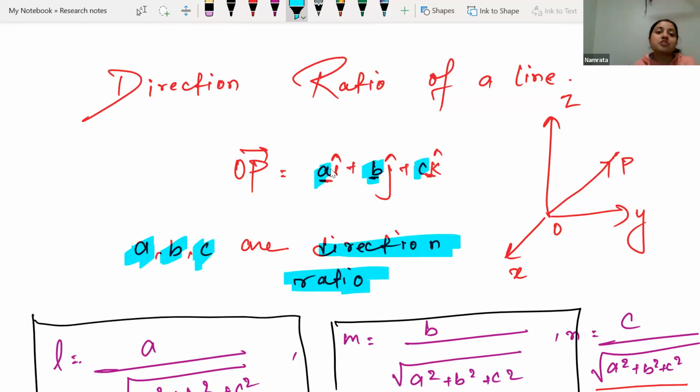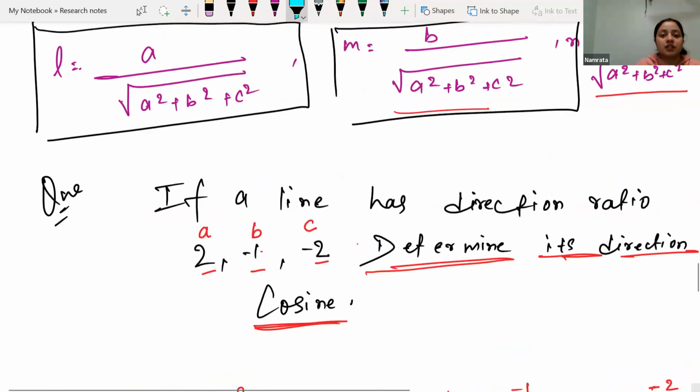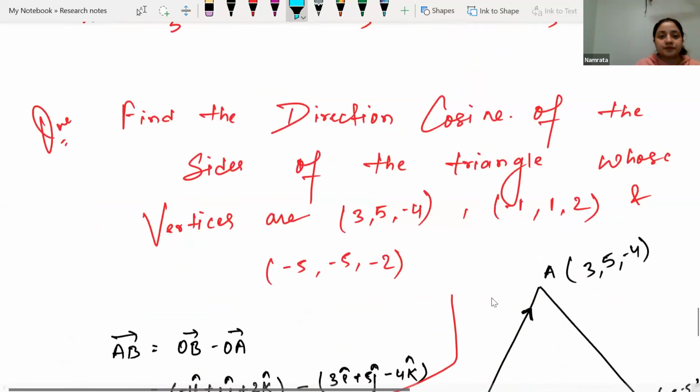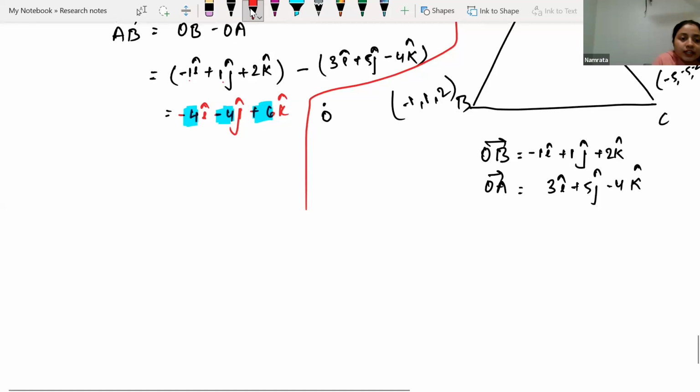That's why we have written the equation of the line AB, one of the sides of our triangle. First we wrote the equation of that side in vector form so that we get the direction ratio. Now we got the direction ratio over here, that is -4, -4 and 6.